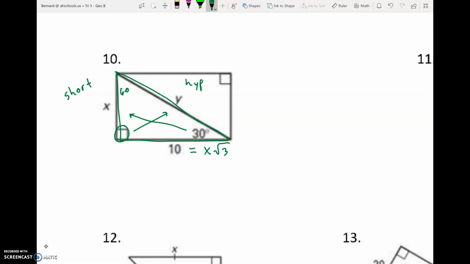But it doesn't, it just says 10, so we have to divide by the square root of 3 again this time. And so our short leg, which is what x is going to be, is whatever 10 divided by the square root of 3 is. And if you type that into your calculator, I believe we will see that that is 5.8. So our short leg is 5.8. Our hypotenuse is always twice as big as our short leg. So 5.8 times 2 is 11.6.